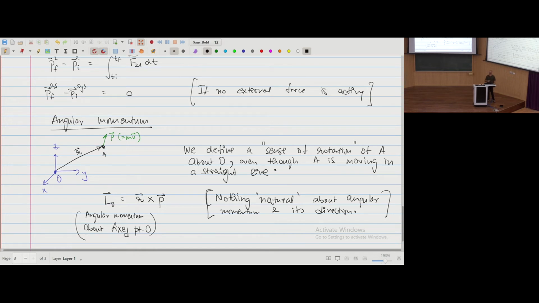Either we call it the moment of linear momentum, that is r cross p, or we say angular momentum. The moment of any vector is simply r cross that vector. So we'll talk about moment of force as torque just now.